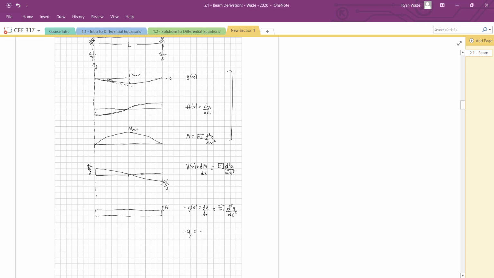So negative Q is equal to the fourth derivative of Y. It's like writing Y IV is equal to Y 1, 2, 3, 4, Y quadruple prime. But that's going to be an important distinction that we're going to see again here.